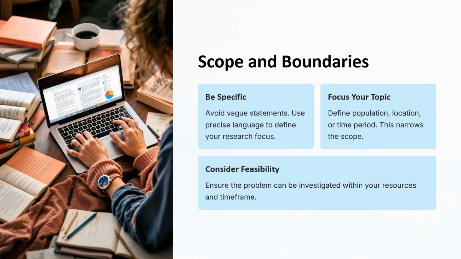Okay, so when we talk about the specificity of what we are looking at, it is talking about avoiding vague statements, using precise language to define your research tools. For example, you are looking at pregnancy among teenage girls. You have not said, it's not compelling enough.